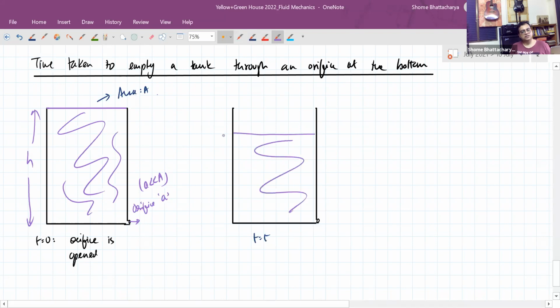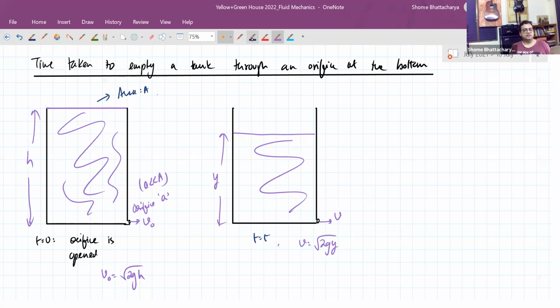So by now this level has come down to y. And accordingly the speed of efflux has also reduced. Initially the speed of efflux will be root 2gh, but now at time t the speed of efflux is root 2gy.